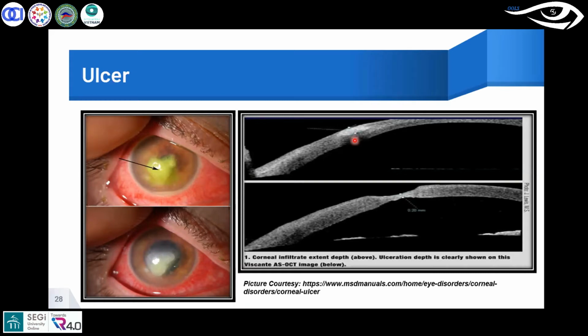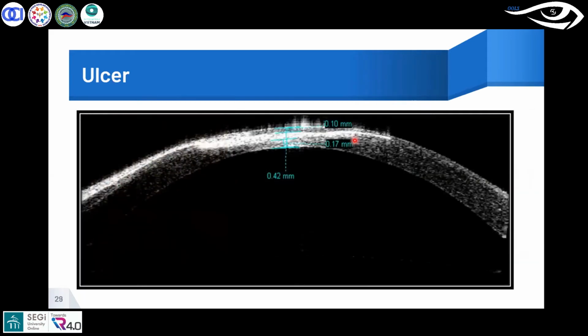So for these procedures, it's necessary to know the depth of that opacity and how much it has to be treated. So for that purpose as well, AS-OCT would give you the accurate depth and the accurate amount of microns which are involved in the lesion as such. So this again is the image of an ulcer where measurements are actually made.